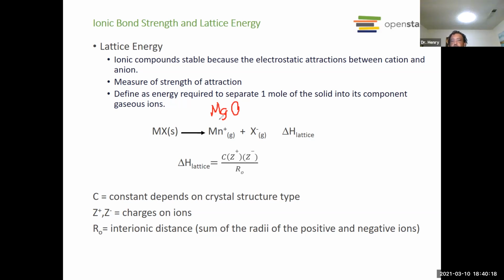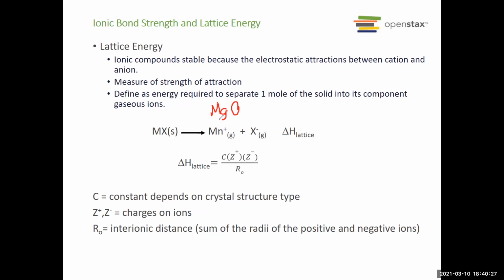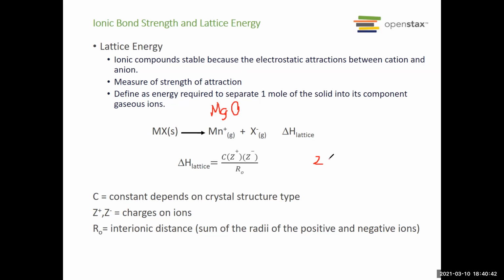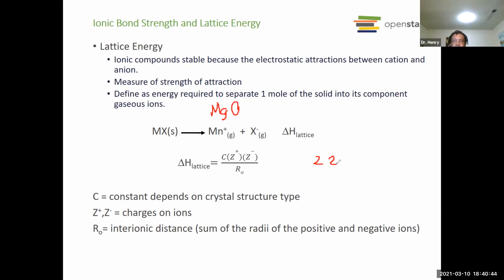In magnesium oxide, what is the charge on magnesium? +2. That's right. So the Z value here is 2. And what about the charge on oxygen? -2. So we also just use 2, the absolute value. So it's 2 times 2 times C over R naught.